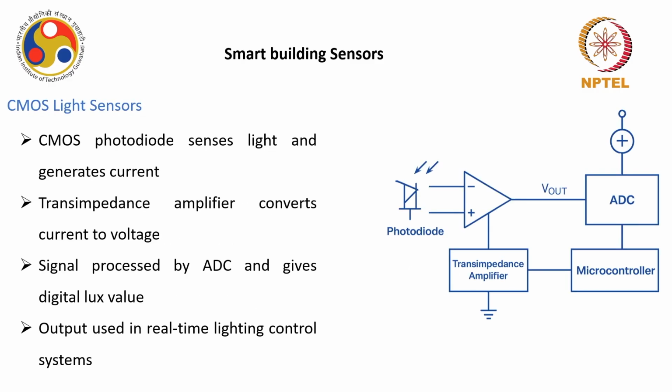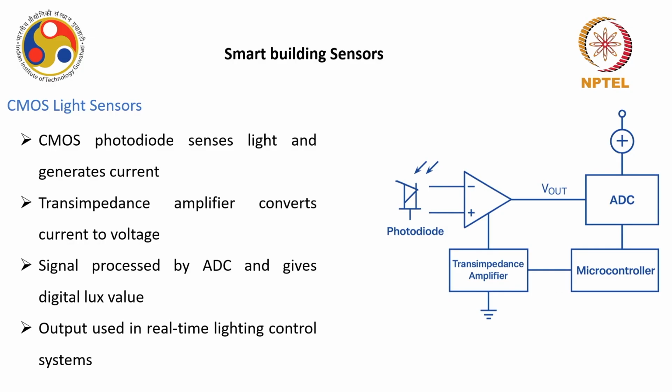Then we have also talked about another kind of photometric sensor, which is based on CMOS light sensors. CMOS light sensors also utilize the photodiode, but fabricated on a silicon chip by CMOS technology. The CMOS photodiode senses light and generates current in a very similar fashion to the photodiode based sensor.